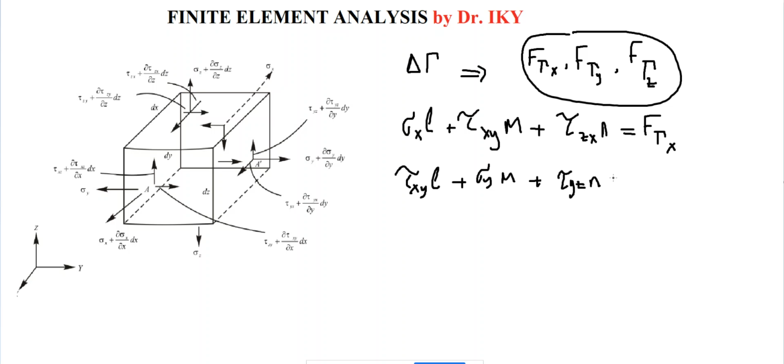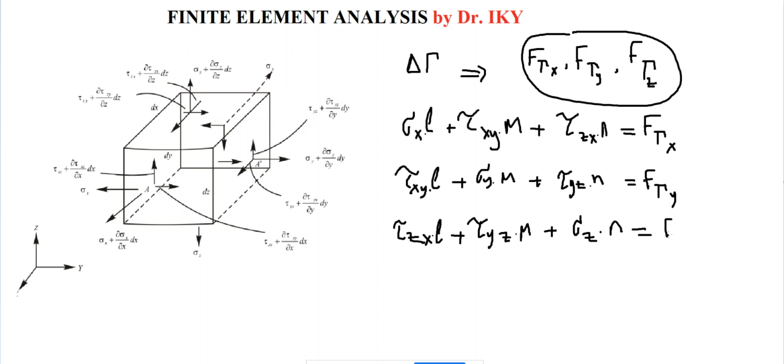This time is equal to f gamma y, and finally tau zx l plus tau yz m plus sigma z n is equal to f gamma z.